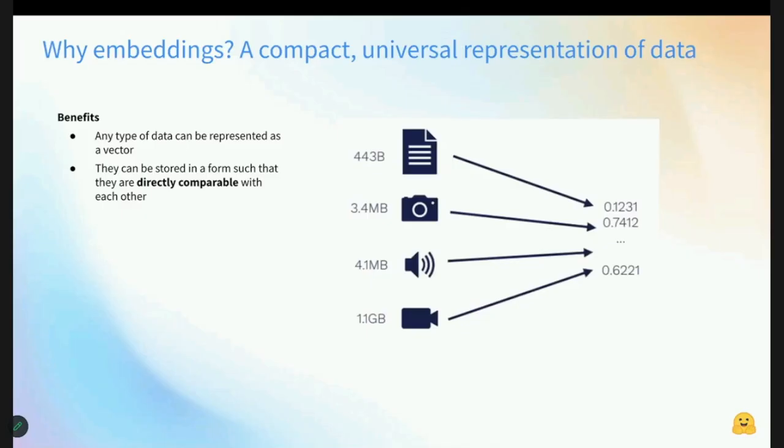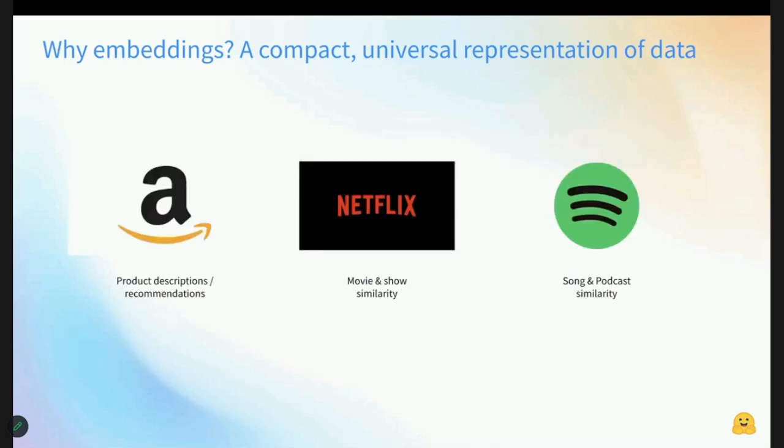So you have the ability to directly compare different types of data across modalities, be it text, images, audio, video. It's kind of this universally shared latent space in which you can do comparisons, which is a super useful thing. And I'm sure you guys are familiar, but that's basically how a lot of modern recommendation engines work. So your product recommendations on Amazon, your movie recommendations on Netflix, and song similarity and song representations on Spotify.